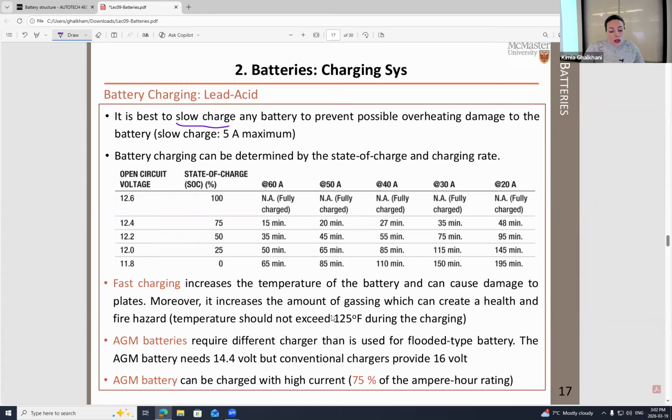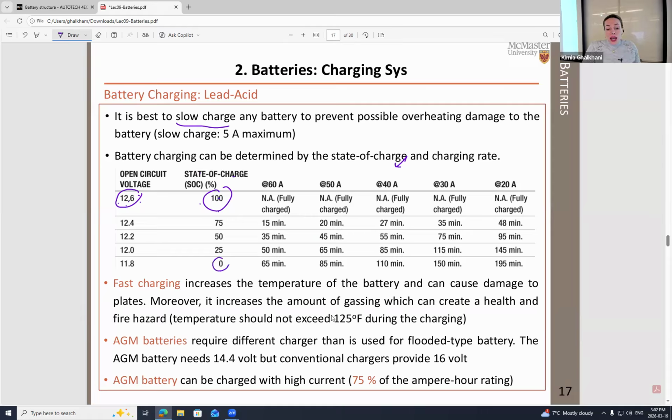And your open circuit voltage here, look at here, is 12.6, which means at 100% state of charge. This is also another thing that manufacturers always provide. For example, for this battery, you can say at 100% state of charge, the open circuit voltage is 12.6.